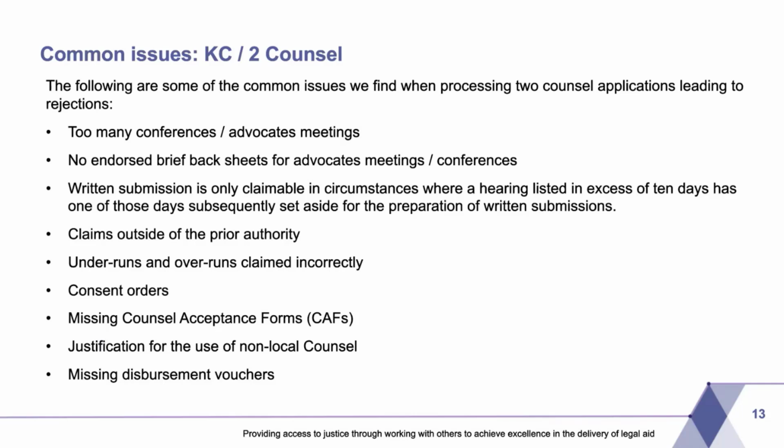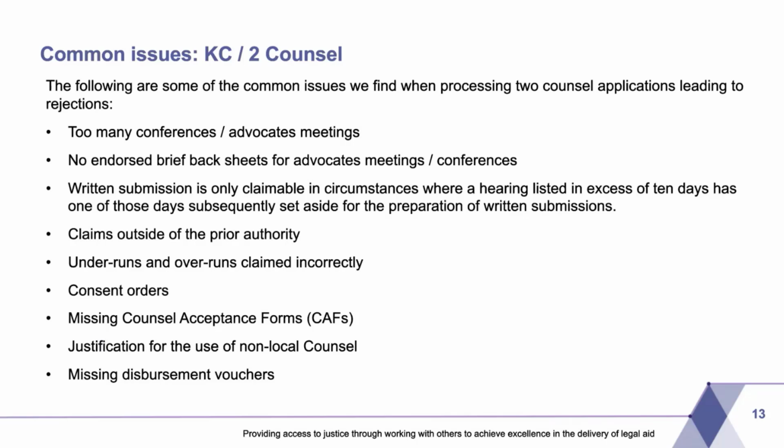Now, this limit would apply to each grade of counsel. So in circumstances where we've granted authority for King's Counsel and Junior Counsel, King's Counsel would be entitled to 2 conferences and 2 advocates meetings, and Junior Counsel would also be entitled to the 2 conferences and 2 advocates meetings, again with an additional 2 conferences and advocates meetings being claimed and being applicable in the welfare stage if the main hearing is split.